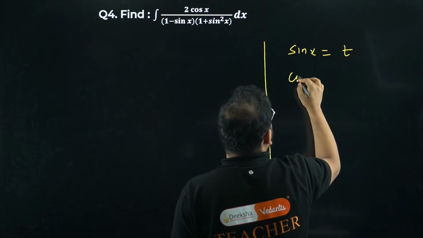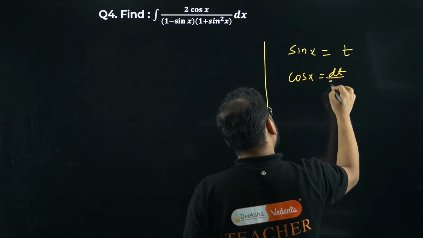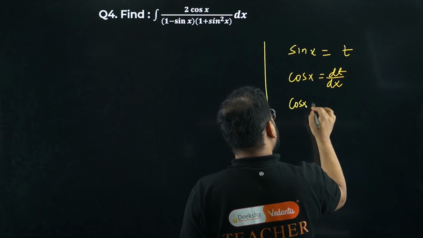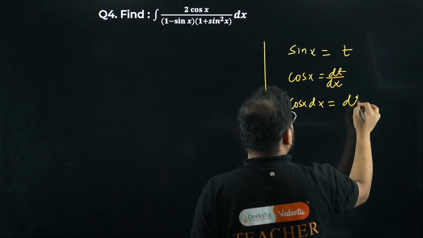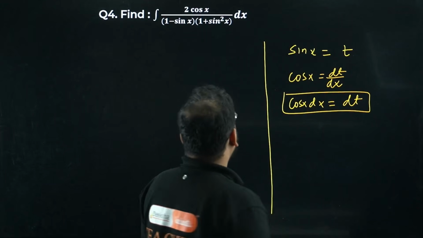Differentiate it now: cos x equals dt by dx. So I have cos x dx equals dt. Substitute it back in the given integration.